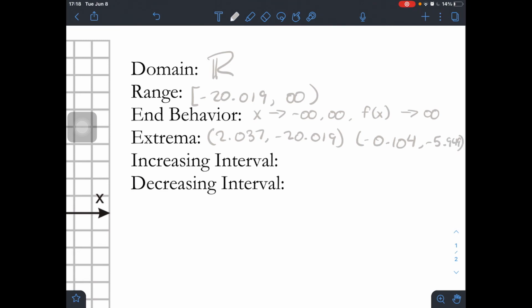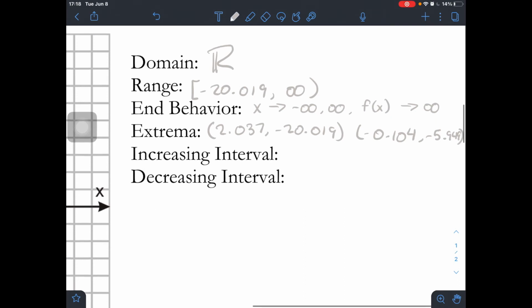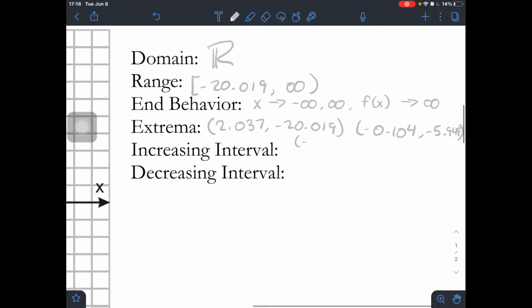And then we have one more local extrema at roughly -1.184 and -8.2.